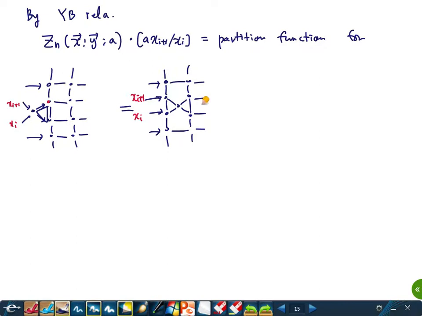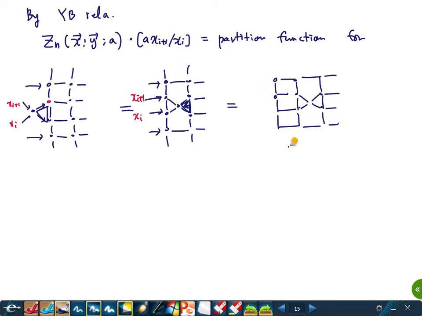Now what? You can just keep moving this. Now look at this triangle and then move this to the next line. Then this is equal to this.